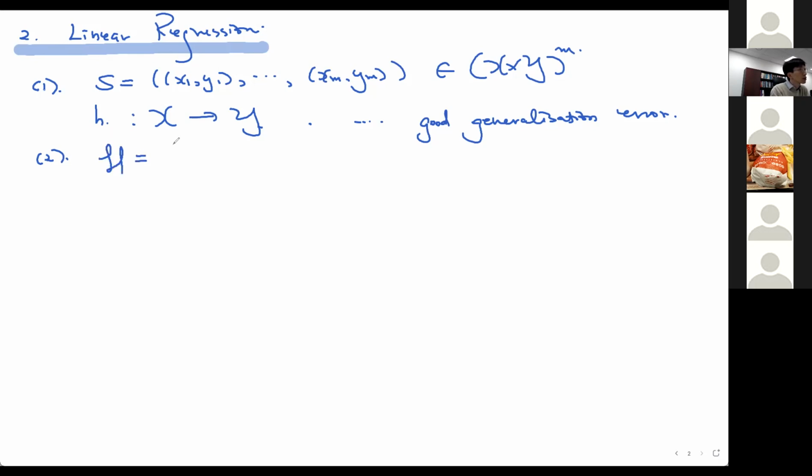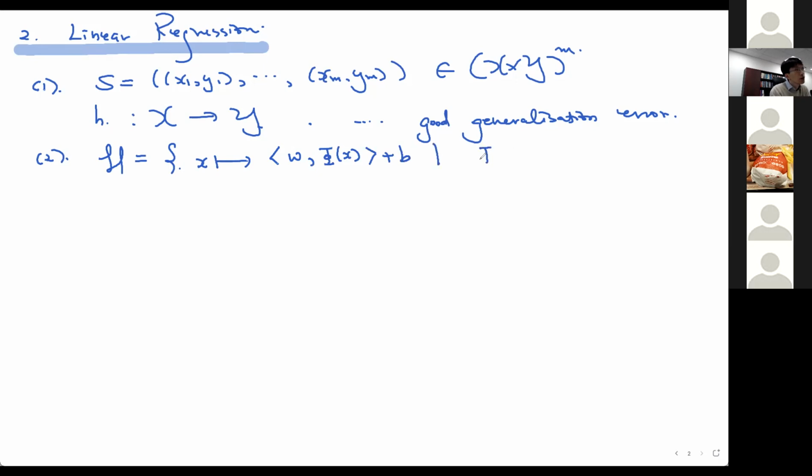So we're using some feature. We consider a map that maps x to some real number, right? And that real number is given like this. It's an inner product of w and phi of x, plus some bias term b.